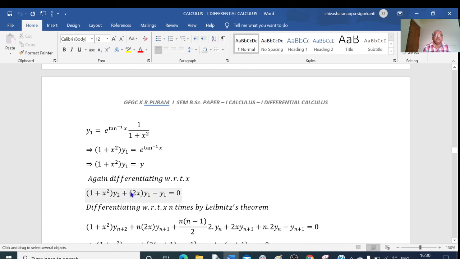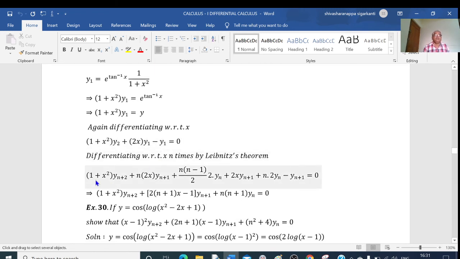Plus here nth derivative of this, I will take 2x as the first function, 2x into nth derivative of y1 is yn plus 1, plus nC1 is n, derivative of 2x is 2, with 1 less derivative of yn plus 1 is yn. So this is the end of nth derivative of this second term. Minus y1 is there, nth derivative of y1 is yn plus 1, is equal to 0.